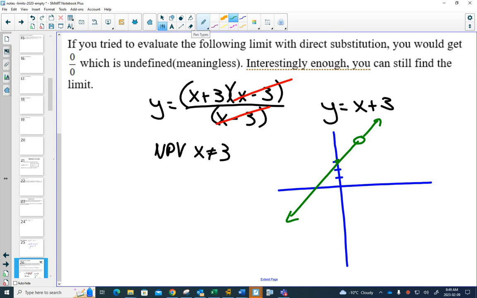Even though it's simplified and went away, in the original equation, 3 was not allowed. So I draw this by drawing the new equation, straight line, but it now has a hole, and I can find that hole in grade 12. We took the new equation, plugged in 3, and said the value of that hole is at 3, 6.